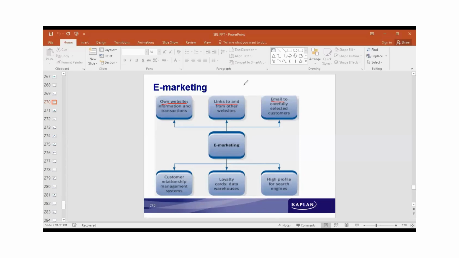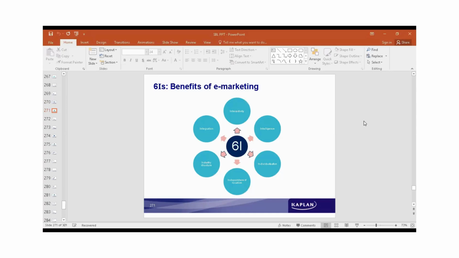Whenever there is something searched on the internet, the seller understands, because they have this built into their system, to capture what is being searched by the customers and then cater to them by providing information about the products and services to the person who searches on the internet. So high profile for search engines. Through that also, they take up marketing on the electronic platform, e-marketing.